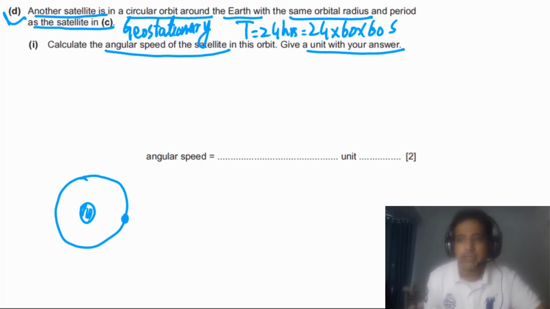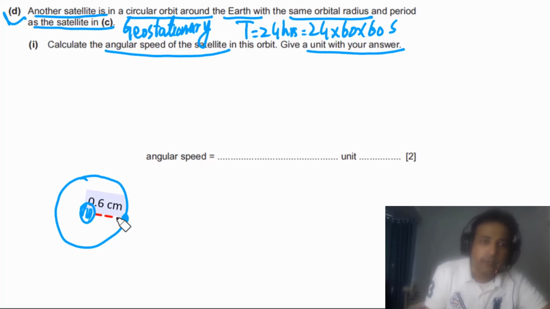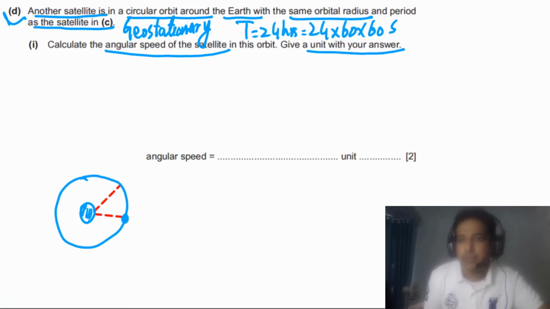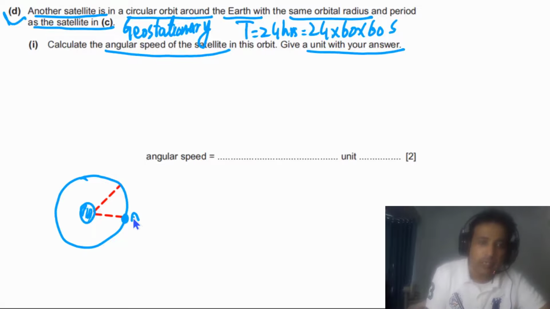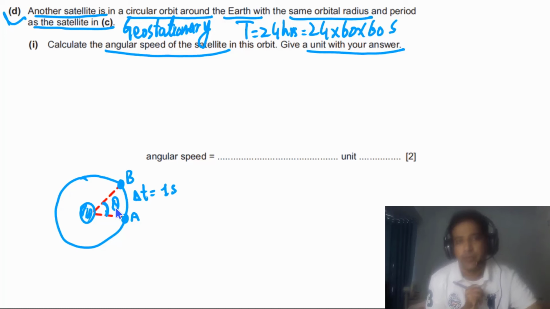Imagine the satellite moves from point A to point B, and the time taken is 1 second. What is the angle covered by this satellite? This theta is what we need to find out.